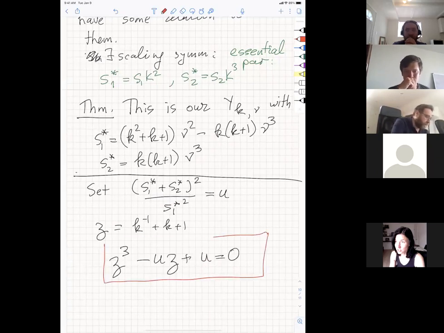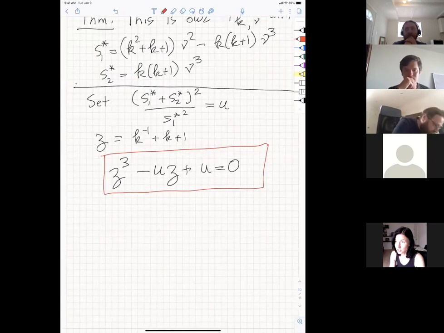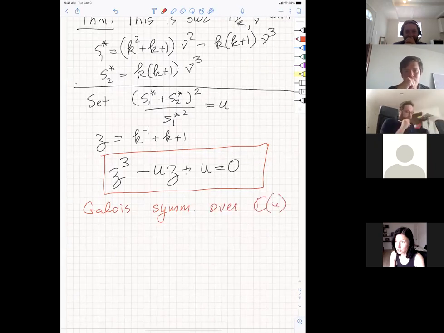And then there is a Galois symmetry over the field C of u, which acts. So this is the group S3. It's a Galois group of this equation.